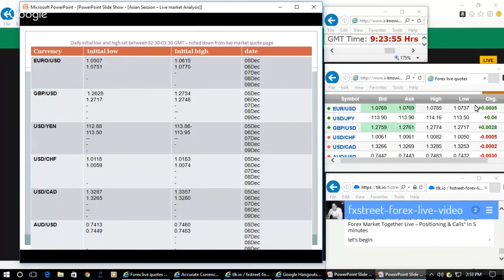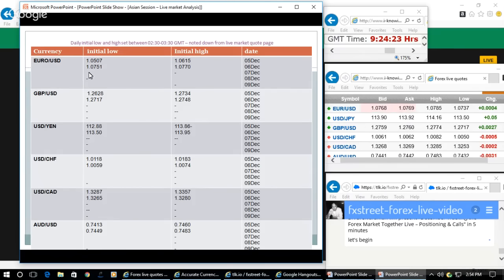If you look at the live market quote page now, Euro came down and made a brief downward stop by the late Japanese session, at 1.0737, below 1.0751. Then it came above and breached the high 1.0770, and is staying below that.